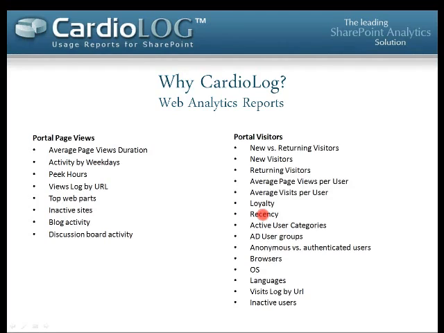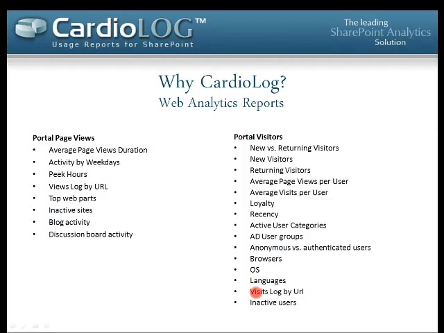your visitors over time with the portal, the active or the top user categories according to those attributes found in Active Directory and SharePoint profiles, anonymous versus authenticated users, top browsers, operating systems and languages, visit log, in addition to the views log.